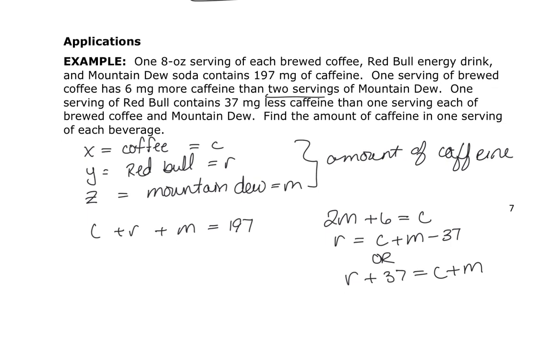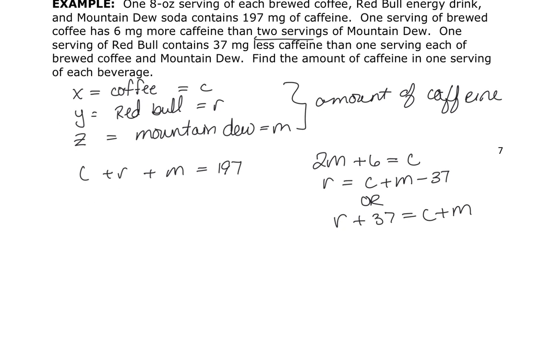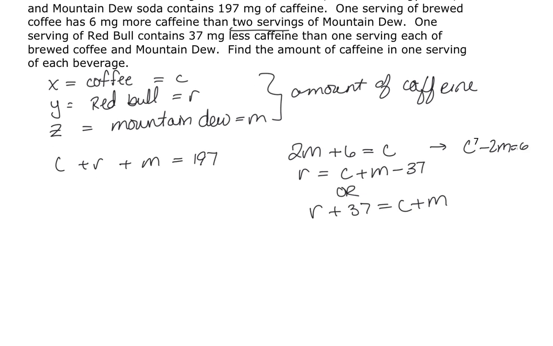Either way, what I'm going to do is put all the variables to one side and all my non-variables to the other on this equation, which gives me C minus 2M is equal to 6. And then for this one, getting all the variables to one side, I have C plus M minus R is equal to 37. So C minus R plus M is equal to 37.